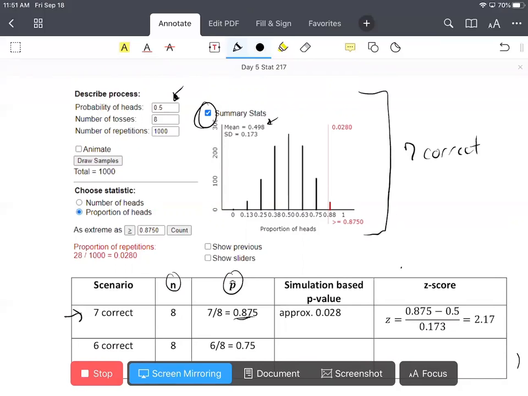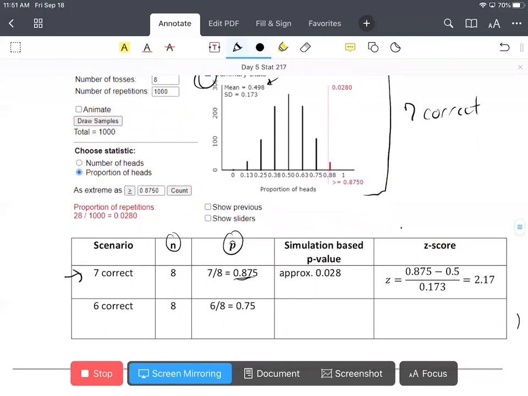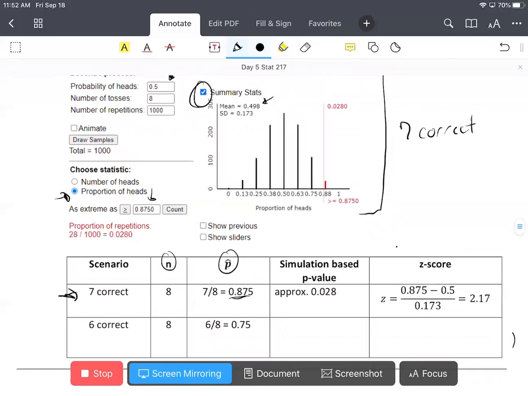So when it did this, I wanted it as extreme, so I did it by proportion instead of by count, and I wanted it looking at 7 correct at 0.875. When it did this count for me, it came out with 0.280. So there's my p-value. And there it is out here. And of course, it just popped out that z-score.